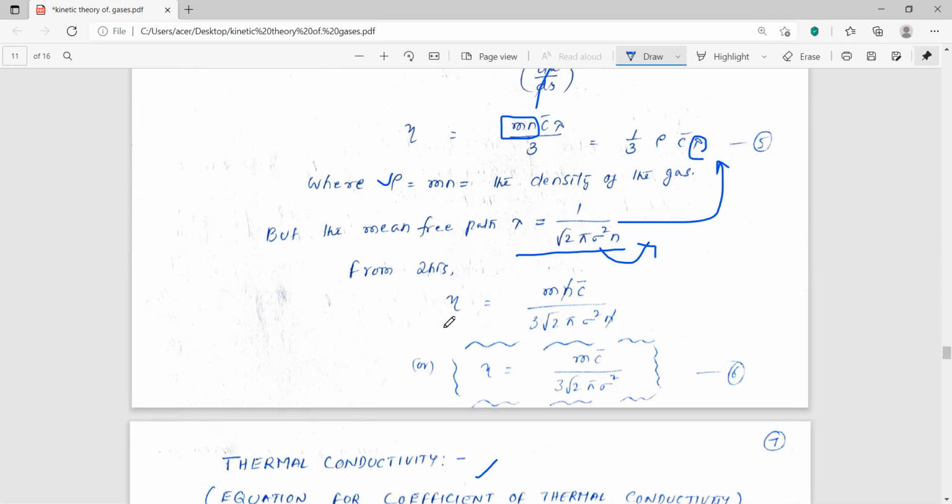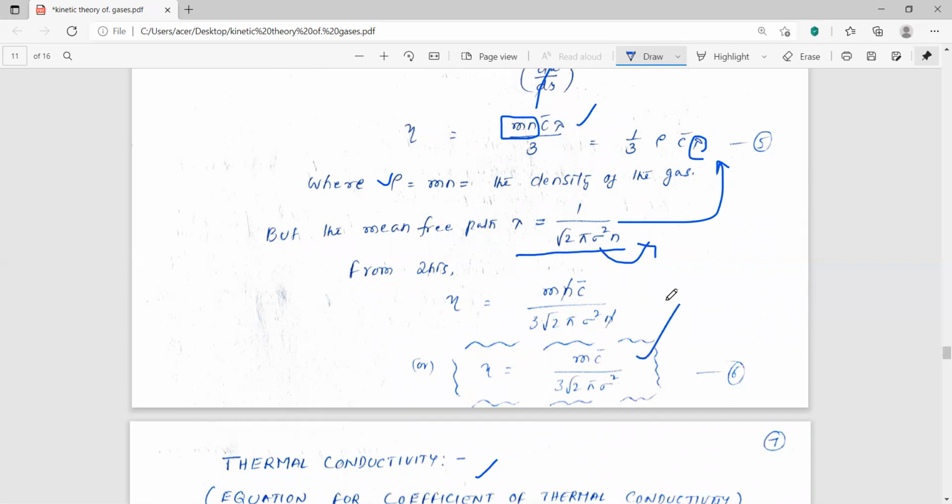Eta equals m n c bar by 3 times lambda, or rho directly we can use. So eta equals m n c bar by 3 root 2 pi sigma square n. If you cancel out the n in the numerator and the n in the denominator, then eta equals m c bar by 3 root 2 pi sigma square.